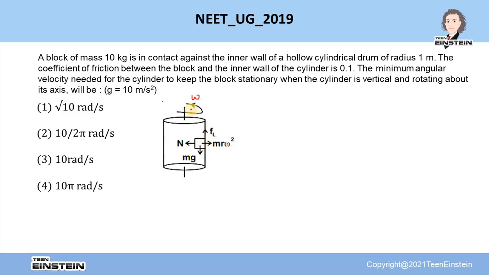Now, since the block is rotating with the cylinder, it will experience a centrifugal force that is away from the center of the circular path through which it is rotating, and that is given by m r omega square.